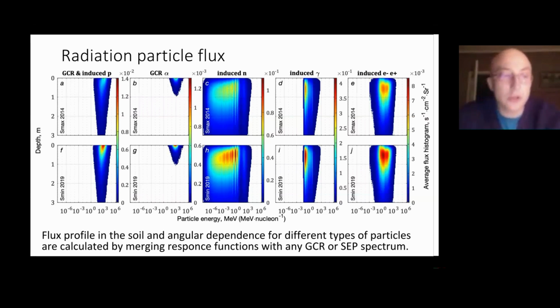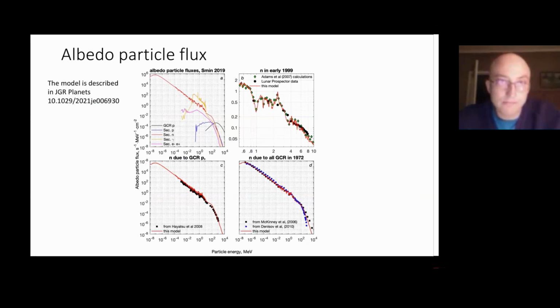This is the average flux, but with our model, we can also get the angular dependence of particles at certain depths. We have verified the results of our model with previous measurements and previous calculations, and we found relatively good agreement.